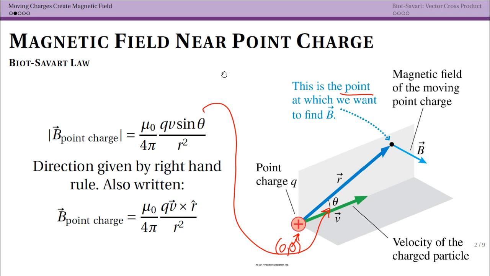So if we make our charge the origin, then we have this positional vector, and it's going to make an angle with our velocity vector. That angle matters. And note that this theta is not just with respect to the x-axis, y-axis, or z-axis, it is with respect to whatever direction velocity happens to be pointing in. R in this case is just the distance between these two. And note that this is giving us the magnitude. It's not telling us the direction.